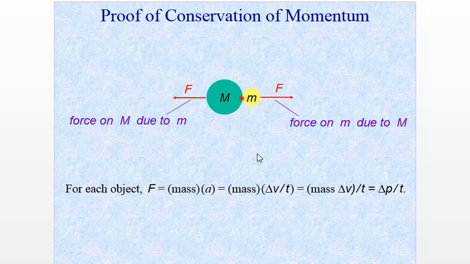The result is that even though the momentum of individual objects changes, delta p for the system is 0. The momentum that one mass gains, the other loses, hence the momentum of the system before equals the momentum of the system after.